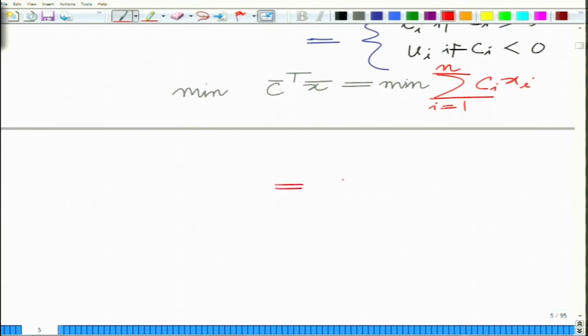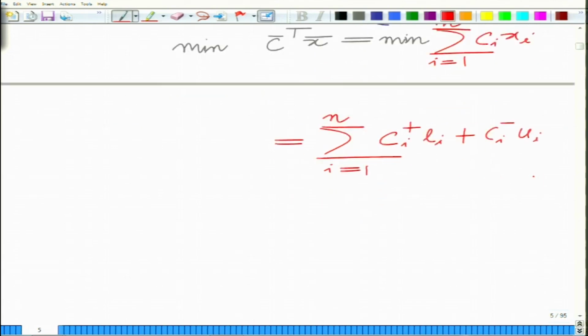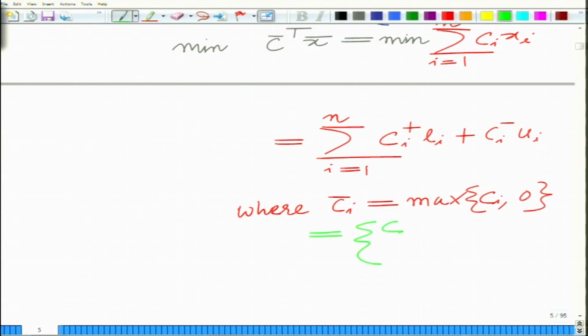This is equal to summation, you can also write it as summation i equal to 1 to n Ci plus times Li plus Ci minus times Ui, where Ci plus, you can also write this as maximum of Ci comma 0, which is equal to, I am sorry, this is not Ci bar, this is Ci plus.